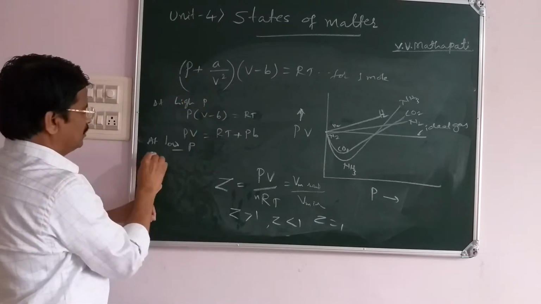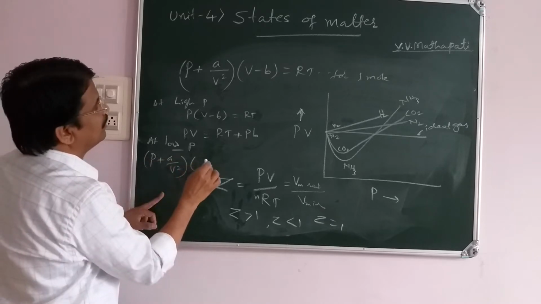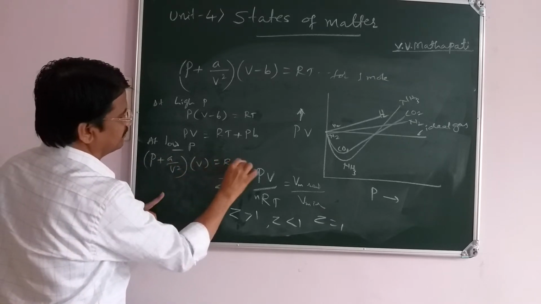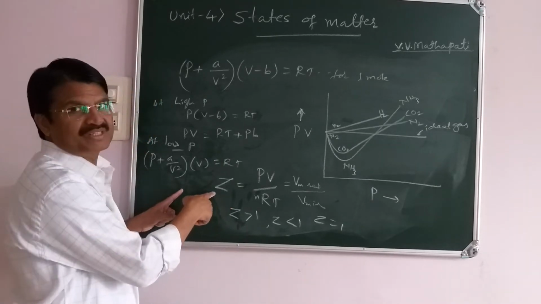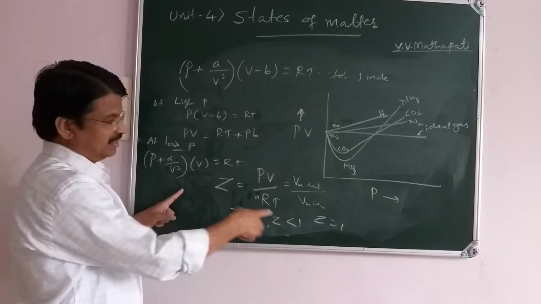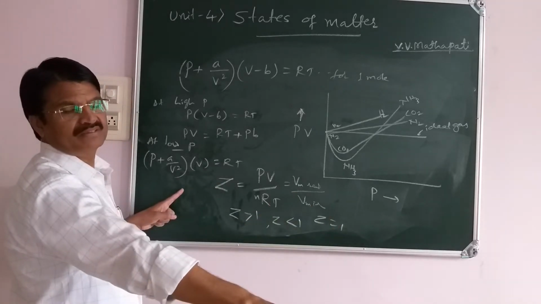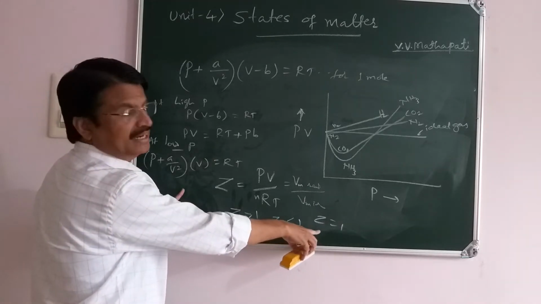This equation, (P + a/V²)V equal to RT. But this is said to be the compressibility factor. Right? If compressibility factor is less than 1, gas is compressed or liquefied. More than 1 cannot be compressed. Equal to 1, ideal gas.